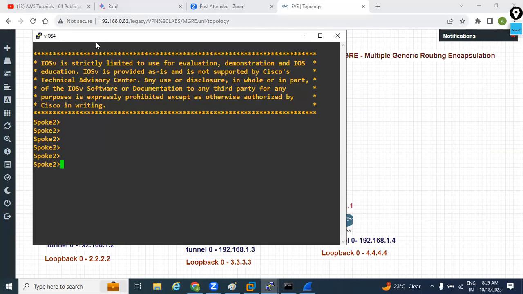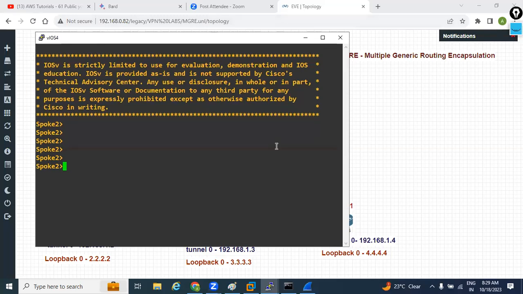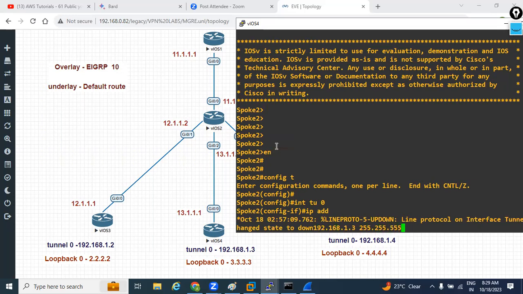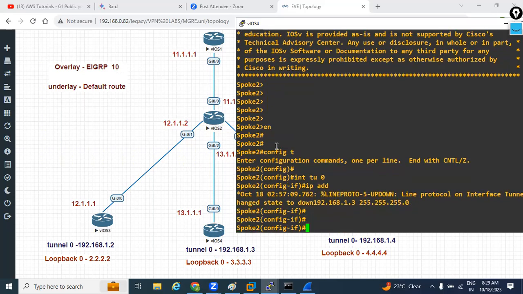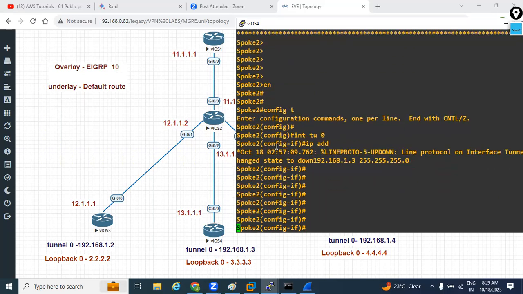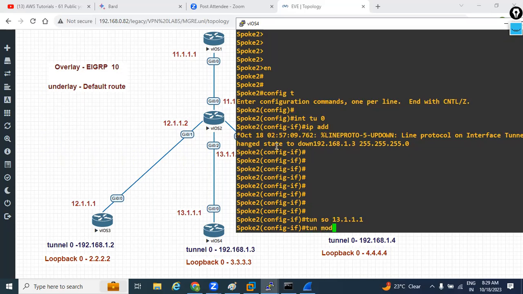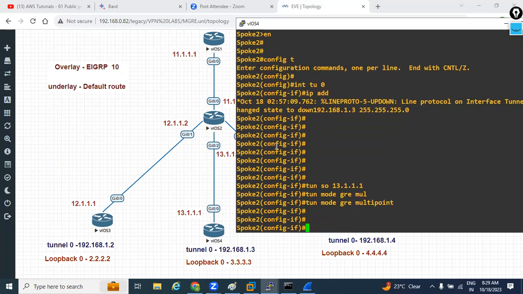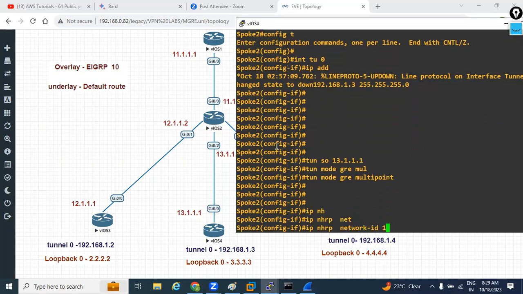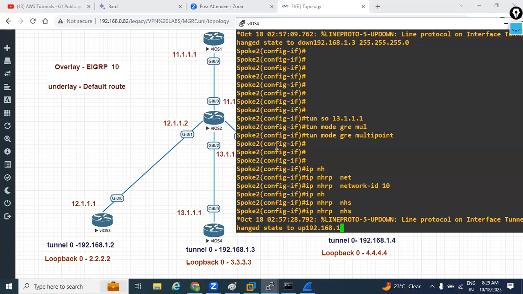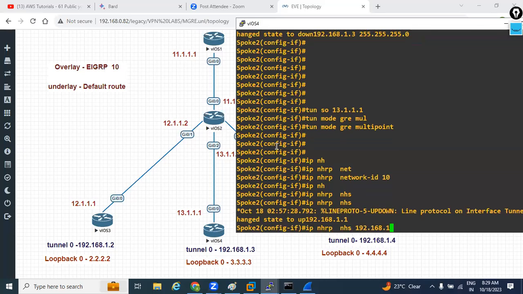Let's get back to spoke 2. Same configuration, ditto. Interface tunnel 0, IP address 192.160.1.3/24. Now, tunnel source 13.1.1.1, tunnel mode GRE multipoint, IP NHRP network ID 10, IP NHRP NHS 192.160.1.1.